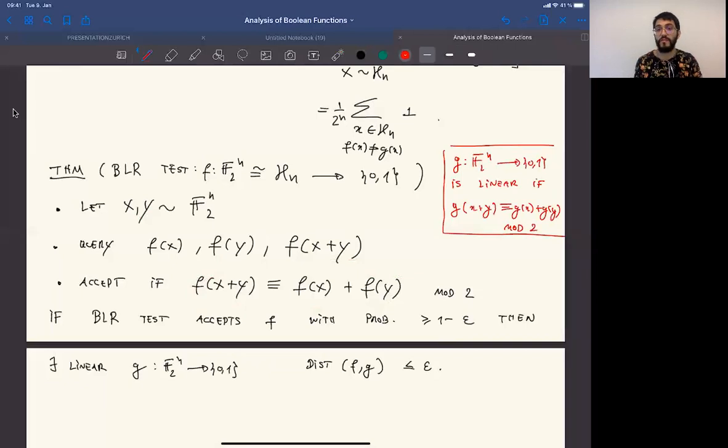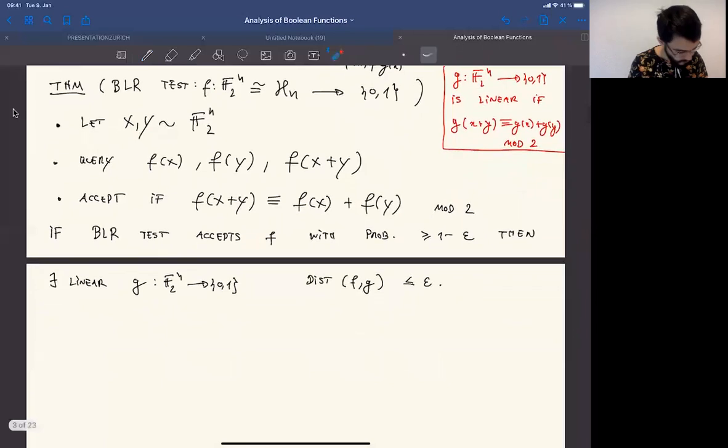The obvious thing, okay? That's what it means to be linear. And I'm not going to show this result. You can read it in the book, but it's a short proof, and it's a nice application of the probabilistic method.